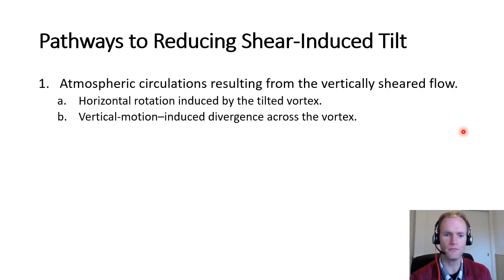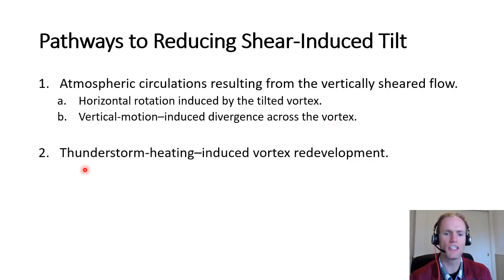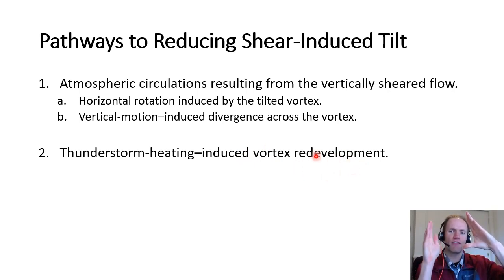suggesting that the shear is to some extent self-limiting. We can also consider how thunderstorm heating might lead to the vortex redeveloping. So you have your tilted vortex and convection. Thunderstorms are favored down shear or away from the low-level center.